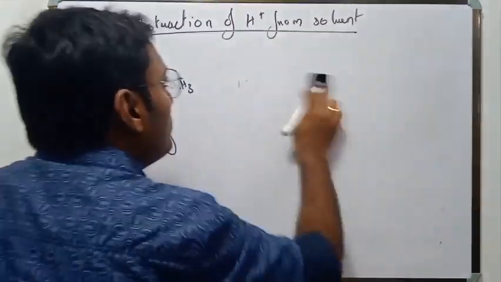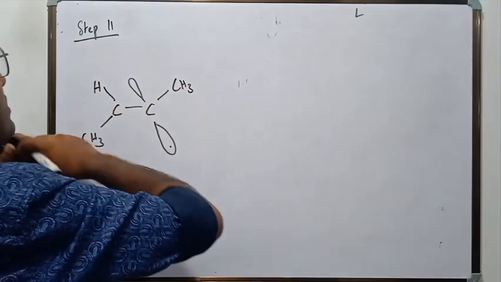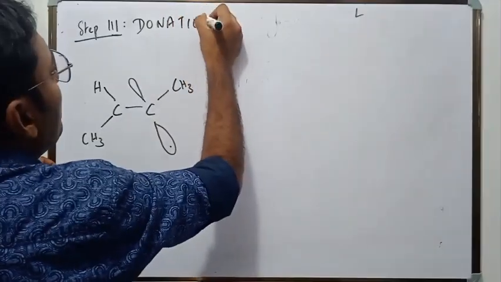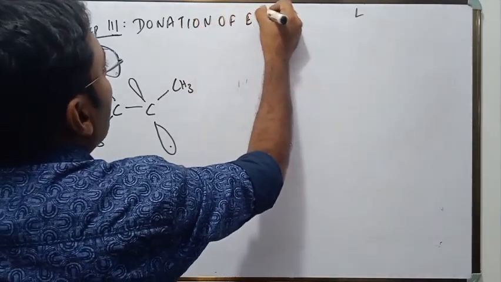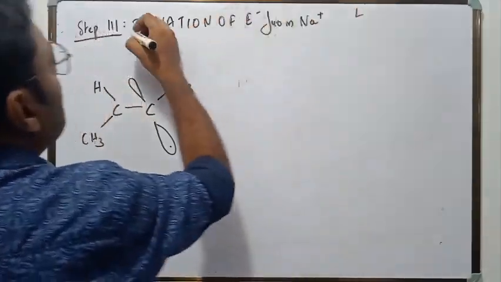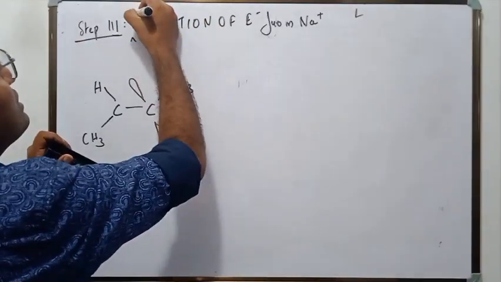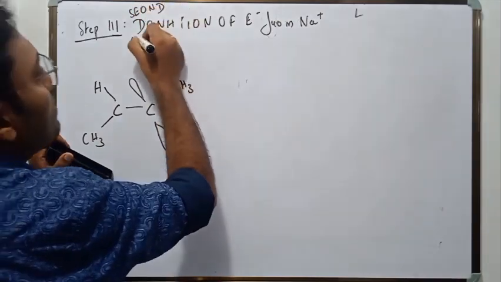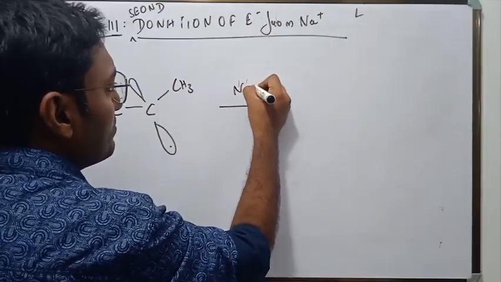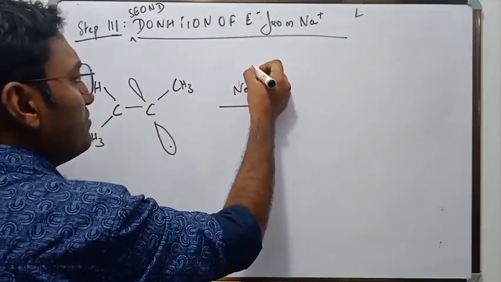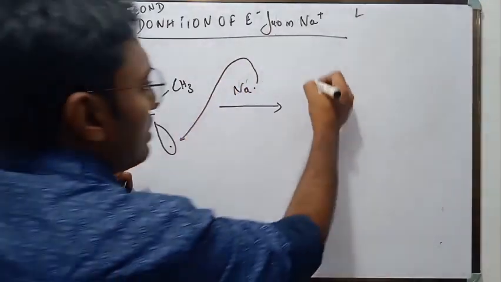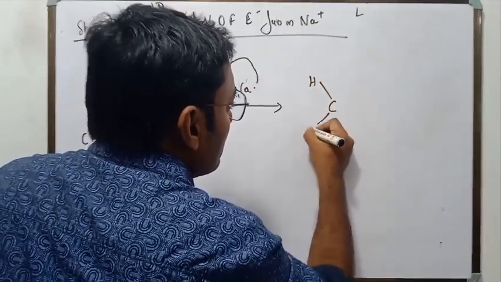Step number 3, donation of electron from sodium. Second donation. This is the second donation of electron from sodium. So again, another sodium can pump its electron to this orbital. Now what would happen? We get this.